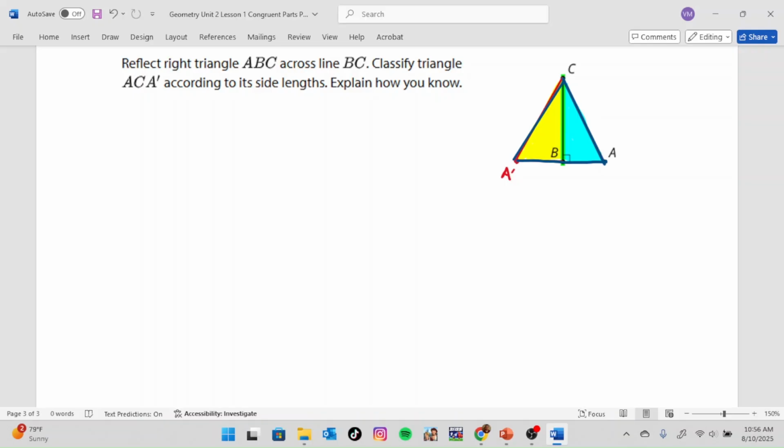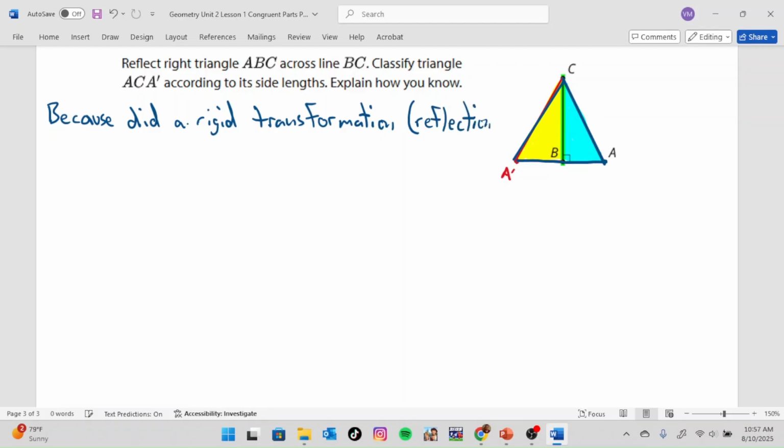Well, the first thing we know is that because we did a rigid transformation, in this case, that was a reflection, then that means triangle ABC is congruent to triangle A prime BC.